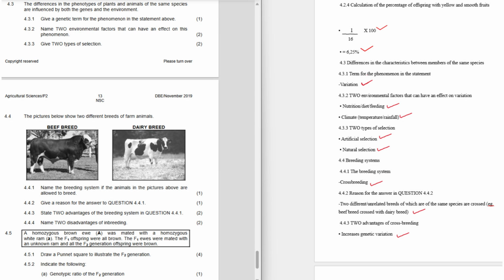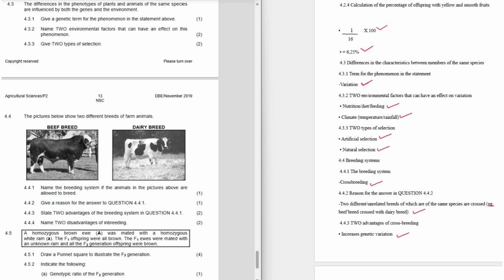Temperature and climate are the same thing here. B, another thing that can influence this is the feed, or the nutrition, the feeding. The feeding can also have an effect on variation.